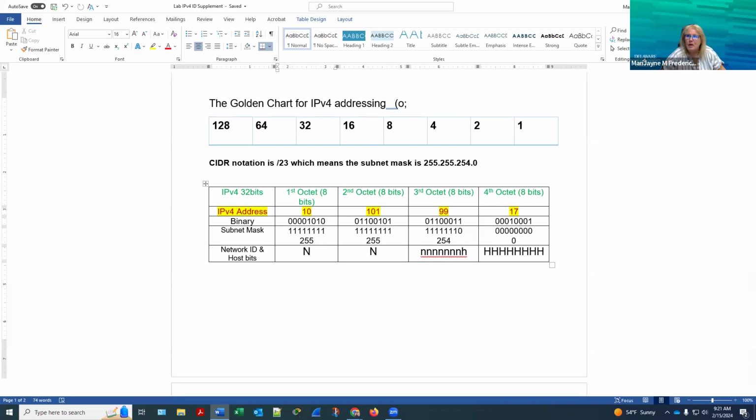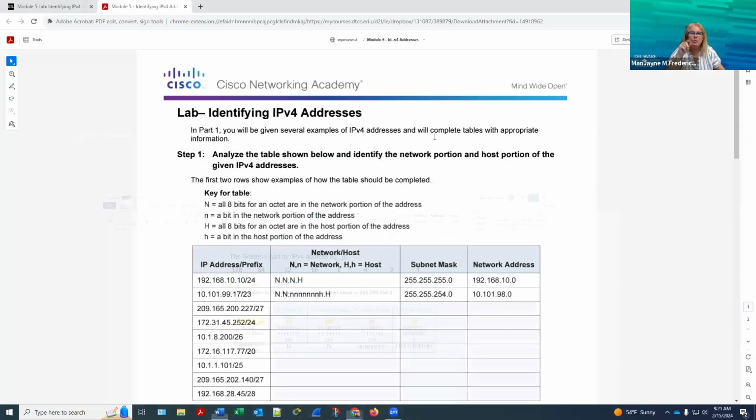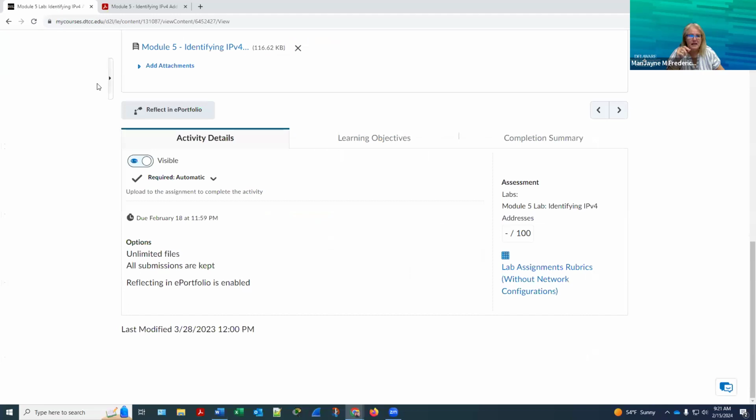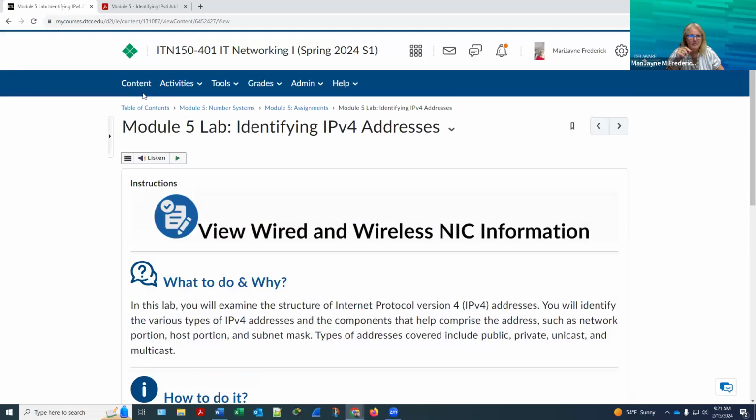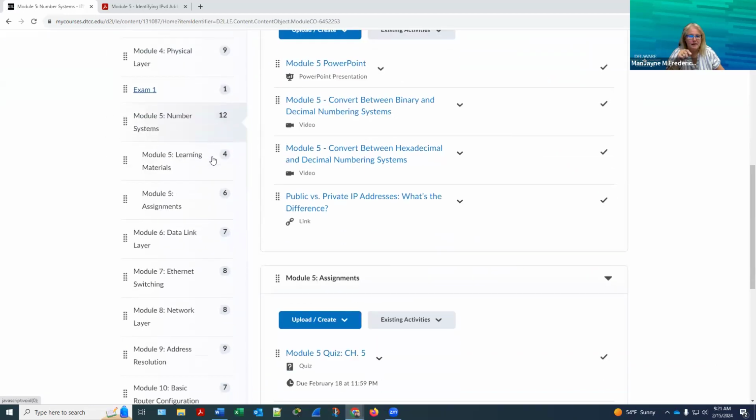Okay, so I'm going to get this posted for you. Hopefully this will help. And then I'll fix this so that where I had it, just so you know, I'm putting it right. I'm not putting it with your assignment. I'm putting it in the actual module for number 5.